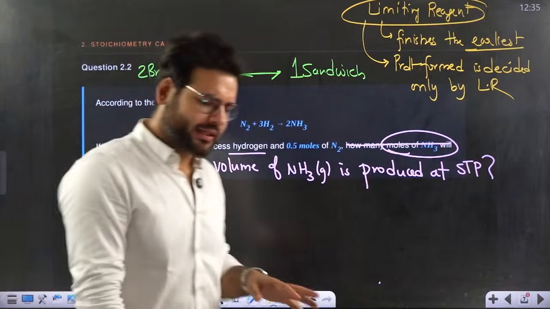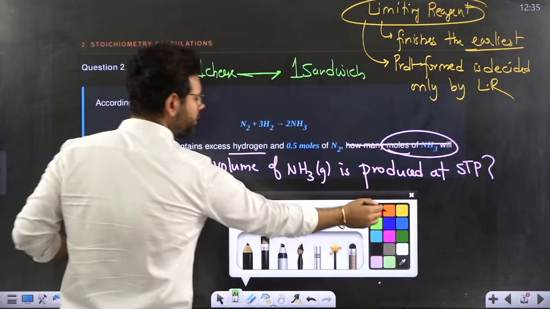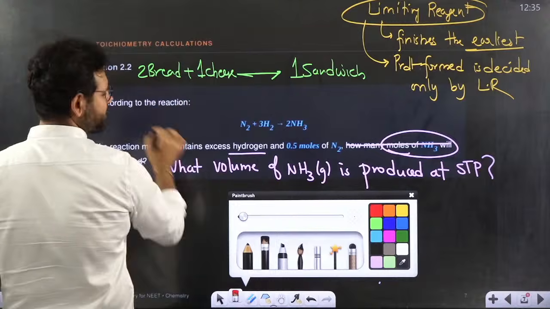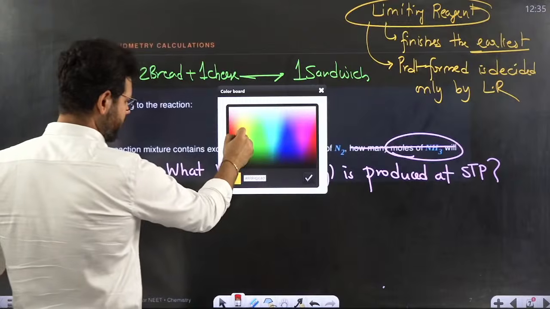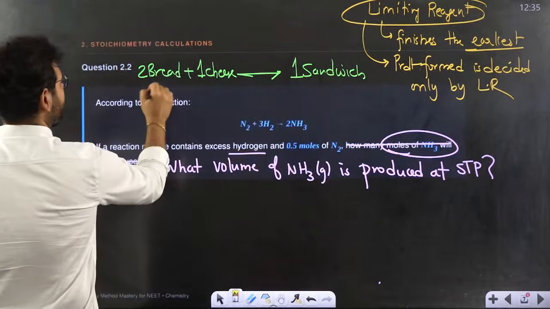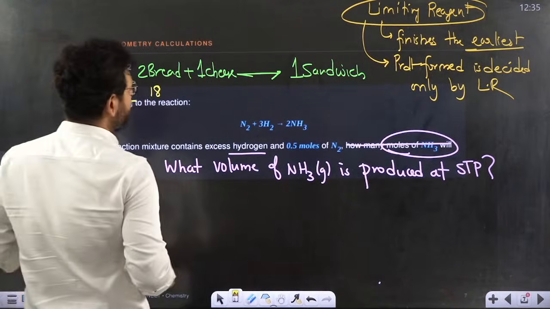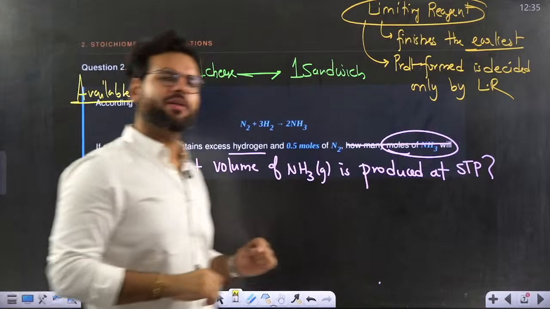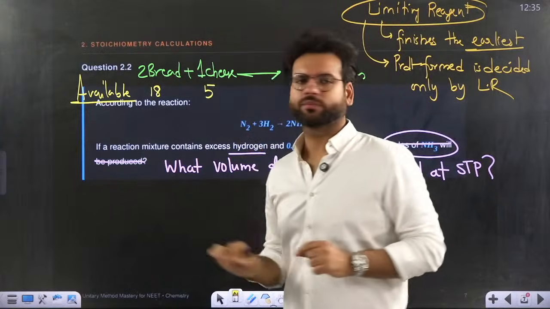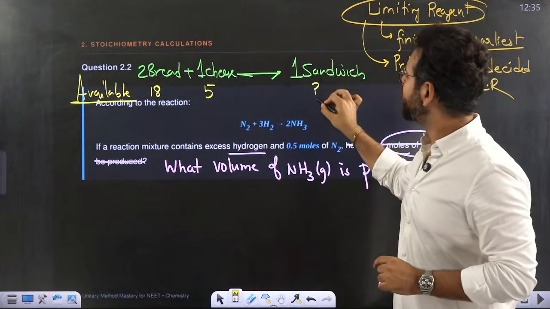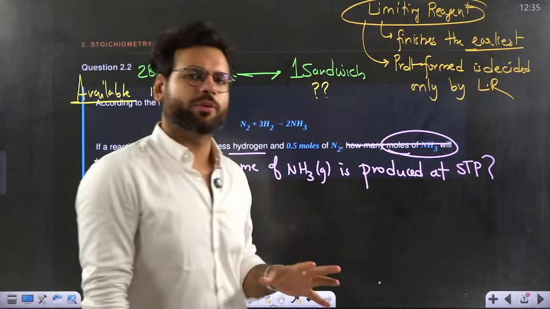Let's say in your kitchen, the available bread slices are 18, and cheese slices available are, let's say, 5. The question is, how many sandwiches can be formed?